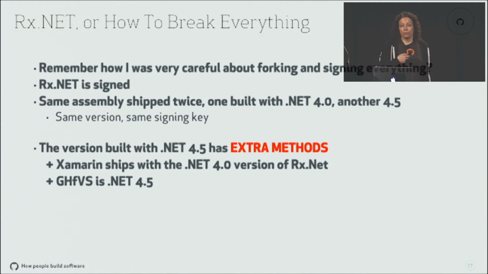And they load first. So they load their version of Rx.NET, which is the 4.0 profile build because they're a 4.0 .NET app, and then we load, and at some point a method gets called inside ReactiveUI, which calls some method in Rx.NET that doesn't actually exist because it's the 4.0 version.